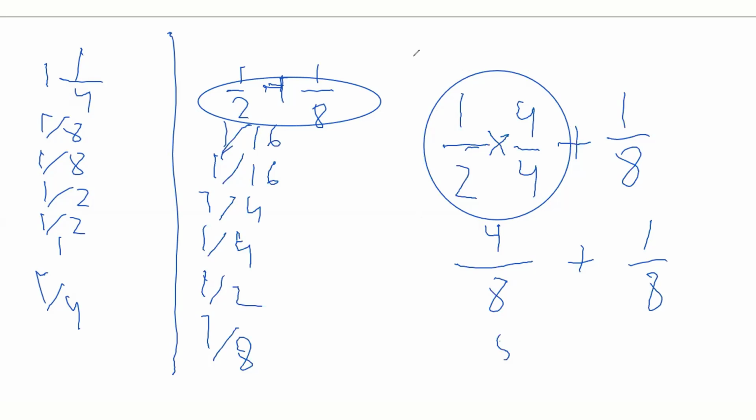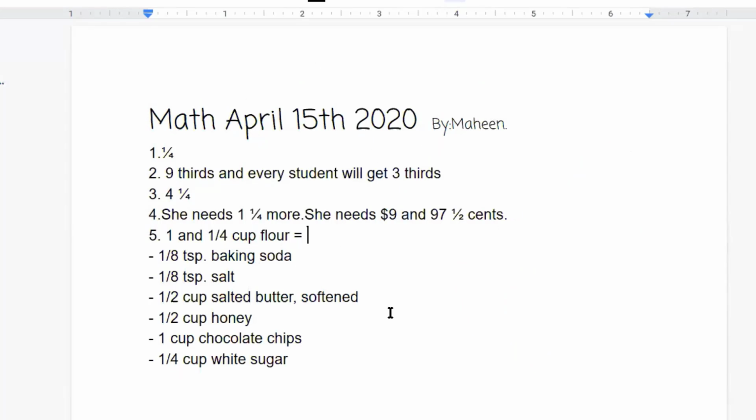Yes, 5 over 8. You got it. I thought that the bottom number would stay, but the top numbers would be added. Yes, you are right. 5/8. And then here was 1/16, right? Yes, right.